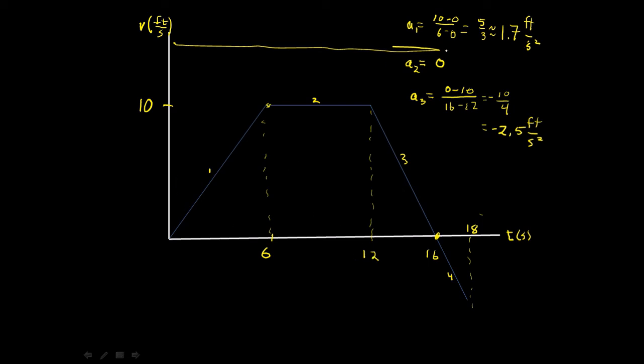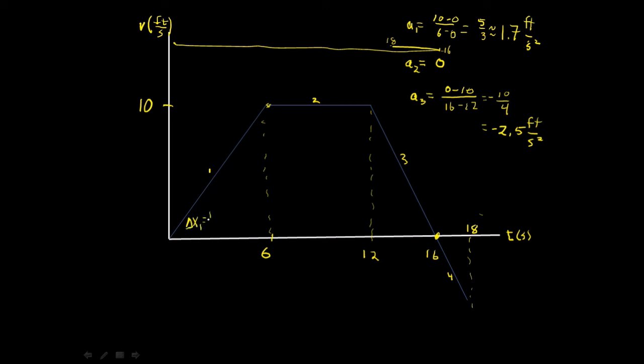Okay, so right here would be at 16 seconds. Right here would be at 18 seconds, and so on. Got that? Okay, let's find the displacement. How far did it end up from where it started? Let's do it in sections. Okay, this area right here we'll call displacement 1.